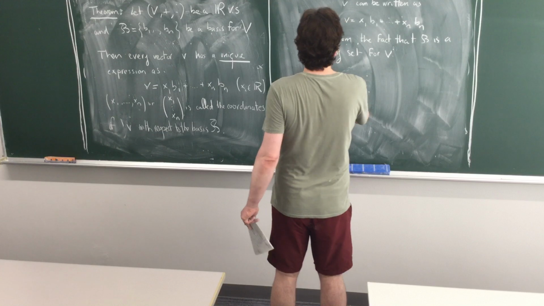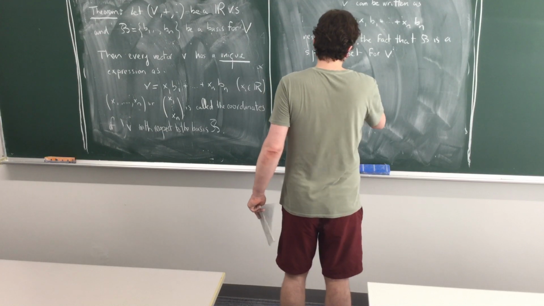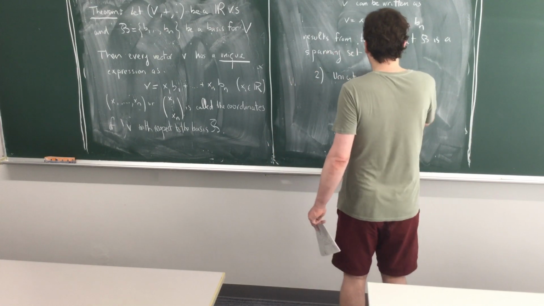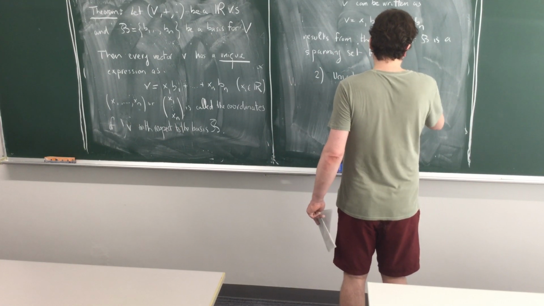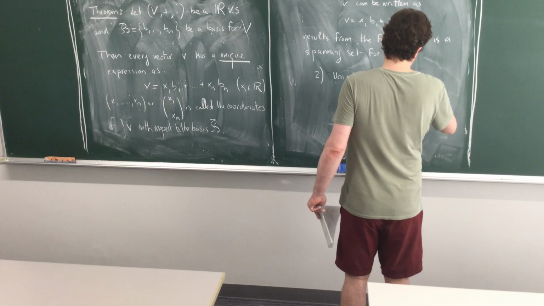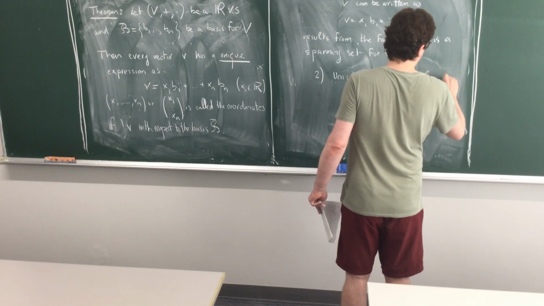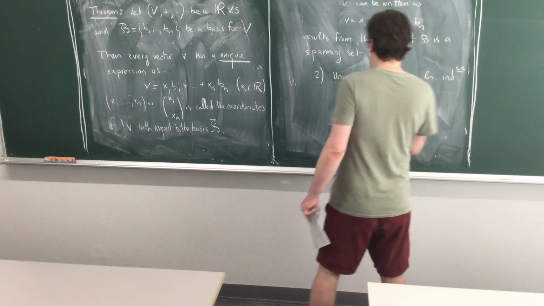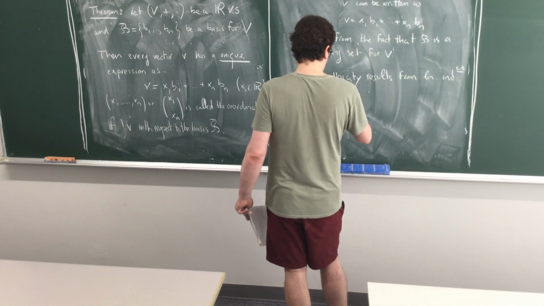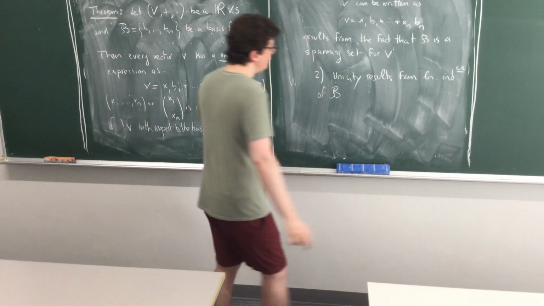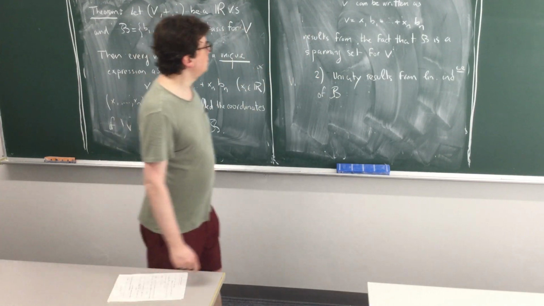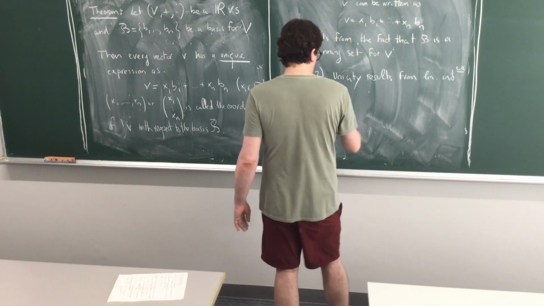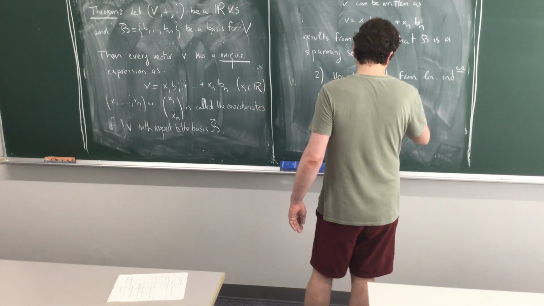So the unicity of the writing results from linear independence of B. Why is it so? So here we can do a proof by contradiction. Okay? So assume, so we are going to prove by contradiction.